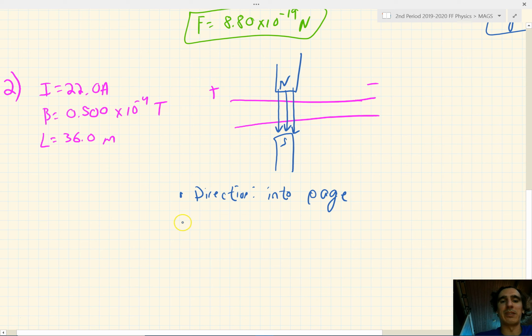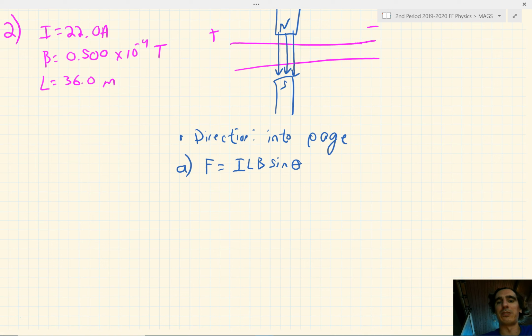Okay, we also want to calculate the magnitude of the force. We know the current, the magnetic field strength, and the length. So we could use F is equal to ILB sine of theta. They're at a right angle to each other, so our angle is 90 degrees.